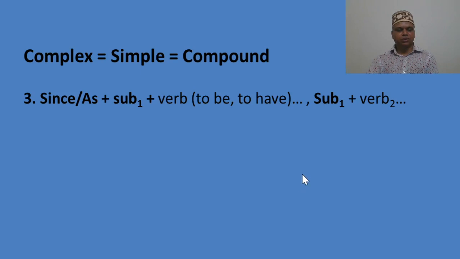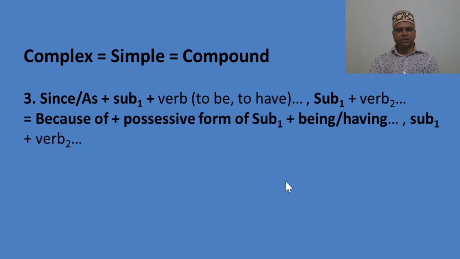Now the third rule: if the complex sentence begins with since, as, and the subject of both clauses is the same, subject 1, subject 1, then we make it simple this way.